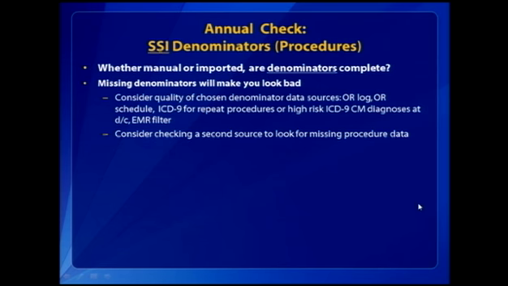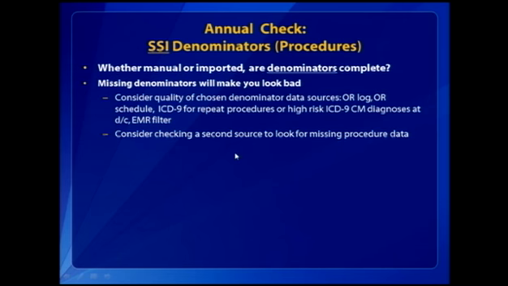For SSI denominators, whether the data are manual or imported, you need to know, are the denominators complete? Missing denominator information can make you look bad. It'll make your SSI SIR look higher than it otherwise would. So look at the source data that you're using.